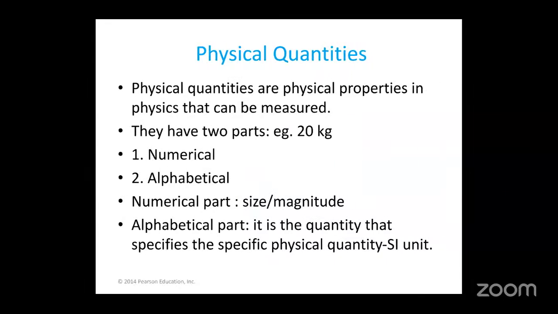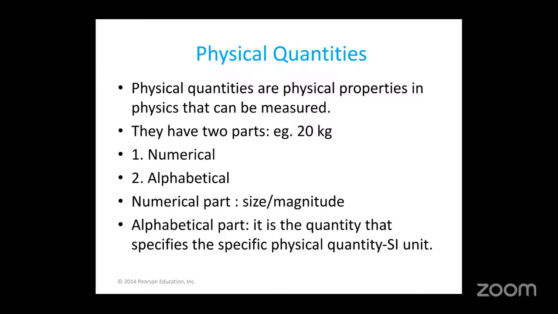So what are physical quantities? Physical quantities are physical properties in physics that can be measured. Anything that can be measured is regarded as a physical quantity. Whatever physical property that you can measure is a physical quantity. Now, when we do measurement, we represent the outcome in two parts.